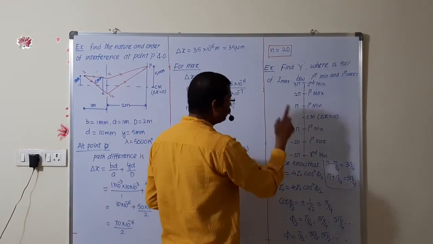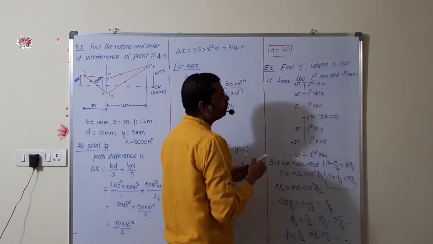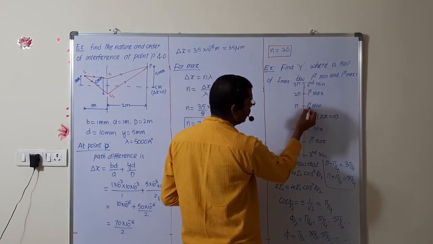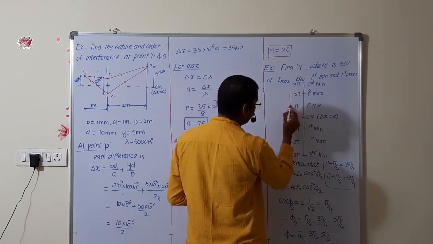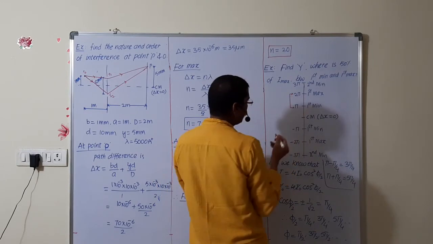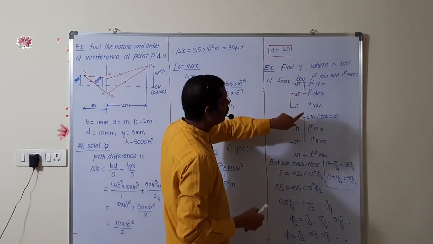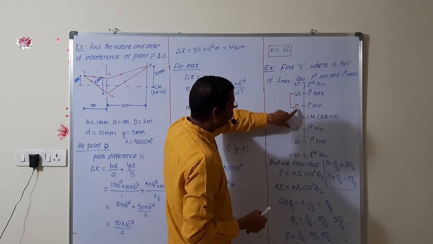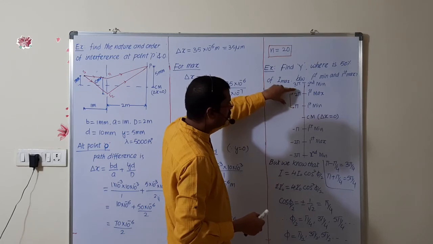Now what is the condition? We have to find the first minima and first maxima. The value should be above the pi value and below the 2 pi.